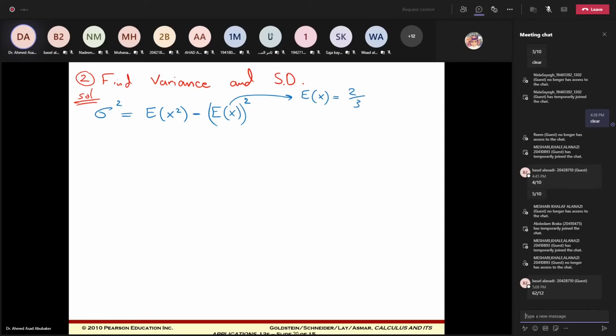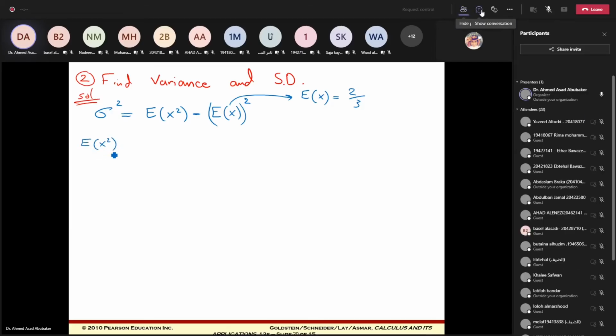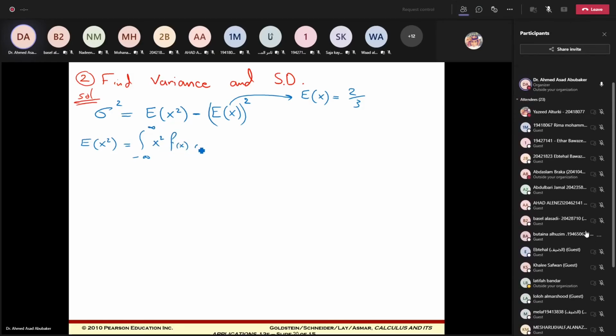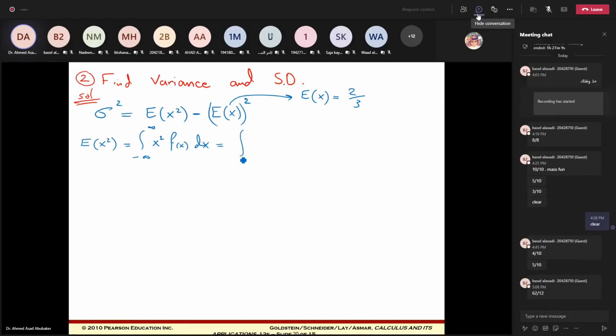Okay, now we need to find EX square. This is equal to the integral from minus infinity to infinity of x square f of x dx. The interval of f of x is from 0 to 2. And we have x square multiply 1/4 4 minus 2x dx.